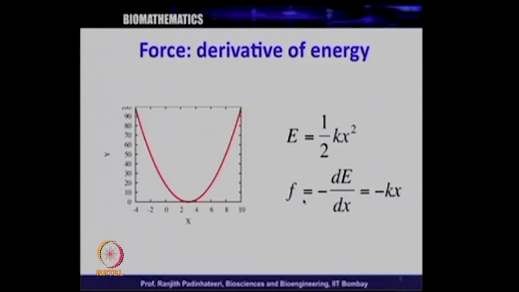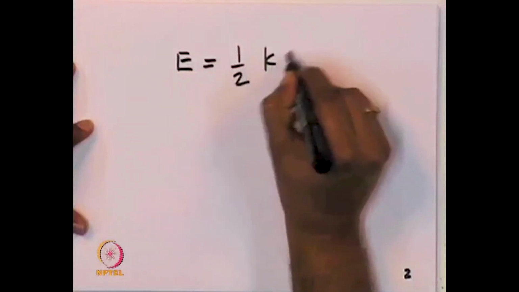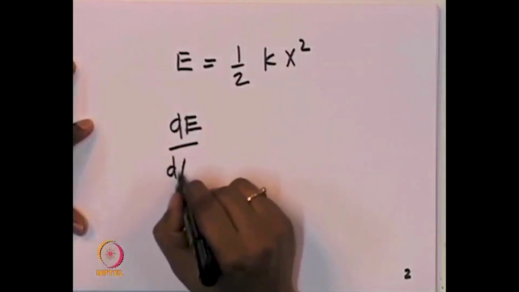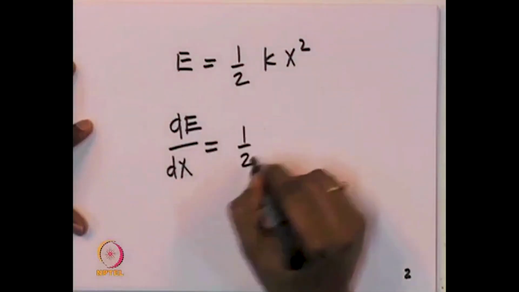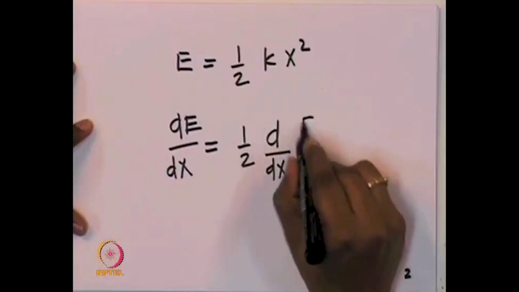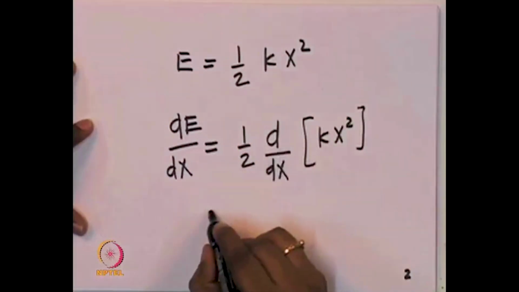So, let us see first what is the derivative of half k x square. Let us look at E is equal to half k x square. dE by dx is half times d by dx. Half is a constant, so you can take it outside. k is also a constant, so you can take k outside too.